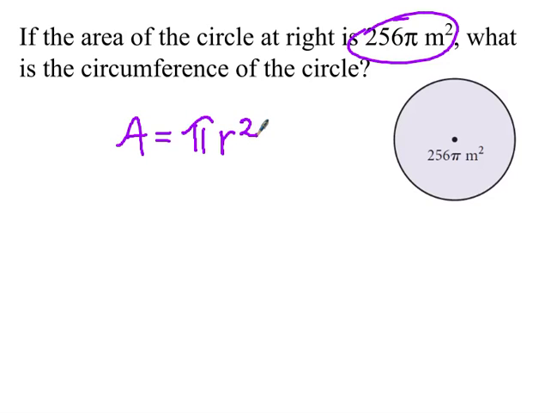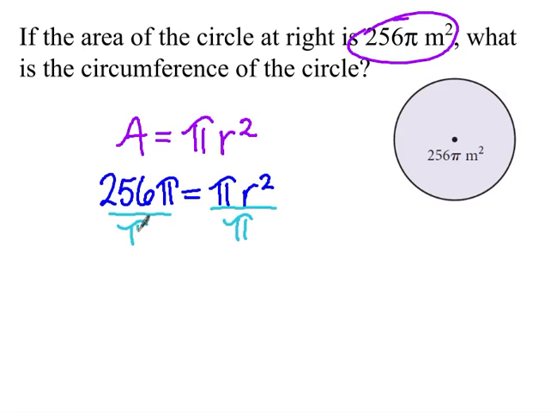So let's plug in what we know: 256 pi. In order to solve for the radius, I'm going to divide both sides by pi. The nice thing about doing that is that the pi's cancel, and I've got 256.